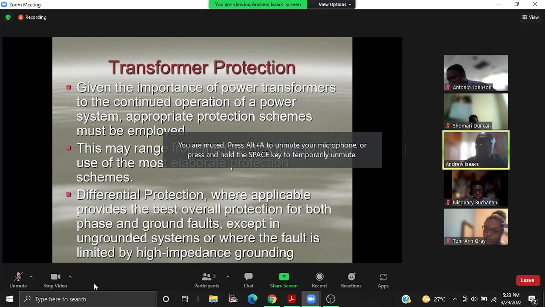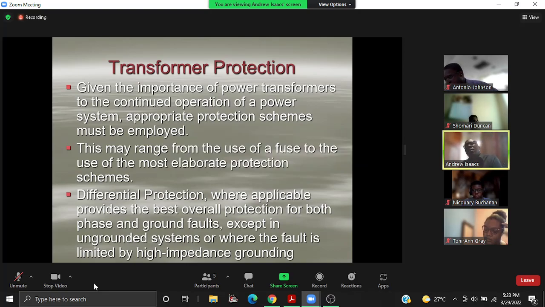All right. So even in the event that the fault is not on the unit, you want to ensure that currents above a certain level will not be allowed to pass through the winding. Now, it may not be evident, but large fault currents can have a mechanical impact on your transformer.